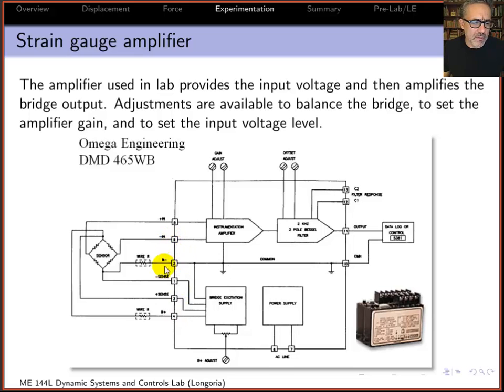So it's kind of hard to see, but power is sent to the bridge from this device here, and then the output across the bridge is sent back to the device and goes to an instrumentation amplifier and a filter, so you get a nice clean output. So the output from this amplifier is what we'll then send to our DAC system, right? The nice thing about a device like this is it provides the power for the bridge as well as the amplification. You do require AC power here.